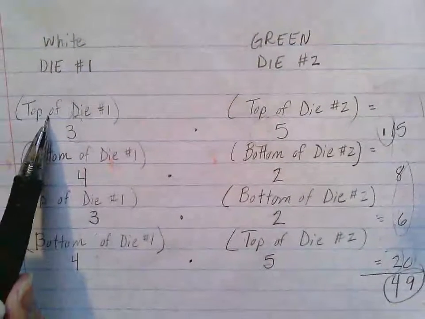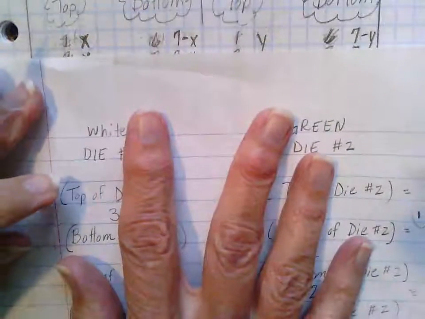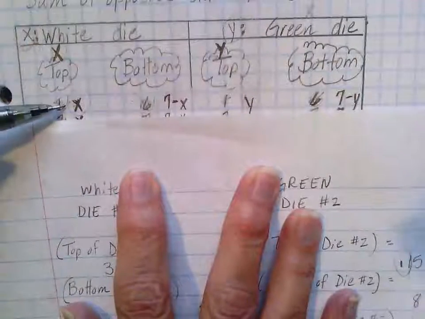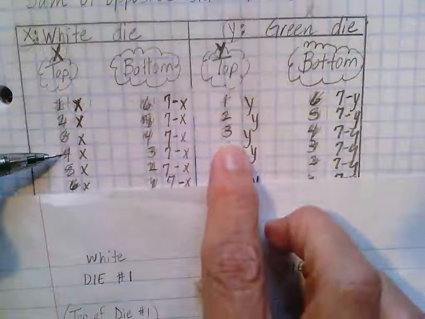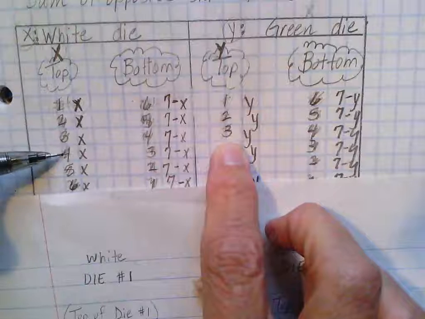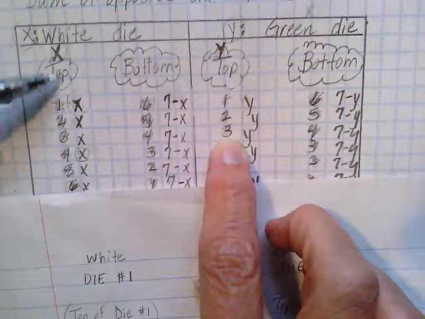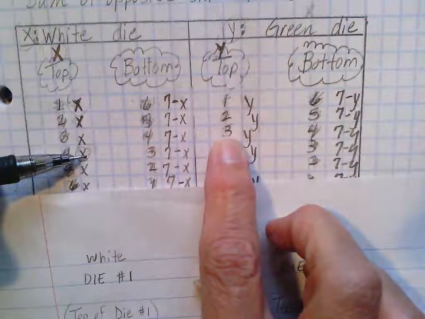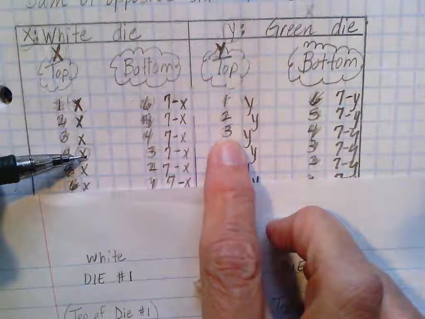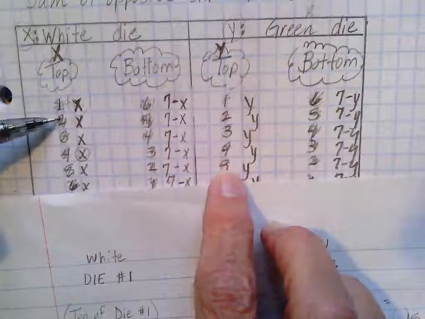So the first instruction is to take the top of die 1 times the top of die 2. When we look back at our chart, we can see that regardless of which number is rolled here and which number is rolled here, let's say it was a 4 and a 3, the top of the white die, or die 1, is going to be X, and the bottom is going to be 3. And we can choose any two that have a sum of 7.